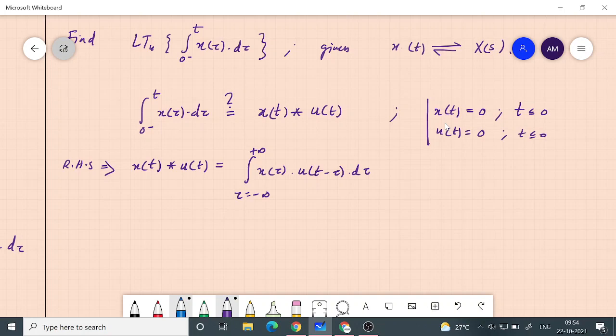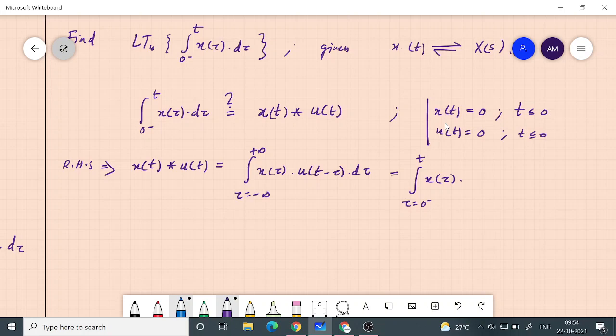And in that case, what we can do is write this integration as tau going from 0 minus to t of x of tau u of t minus tau.